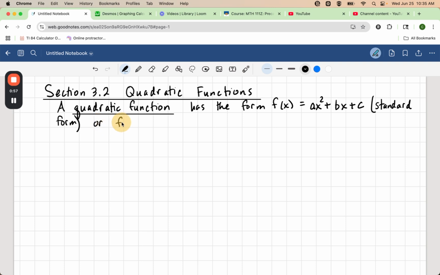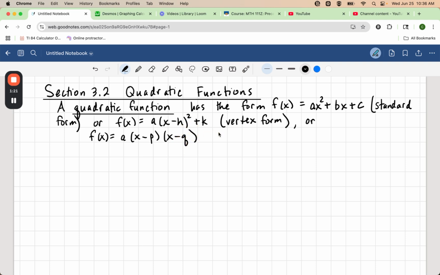Or f of x equals a times x minus h squared plus k. That's called vertex form. Or f of x equals a times x minus p times x minus q. This is going to be the intercept form.